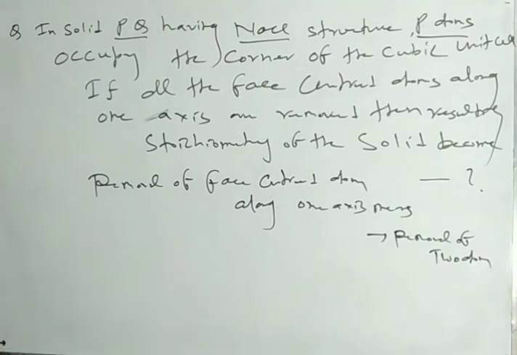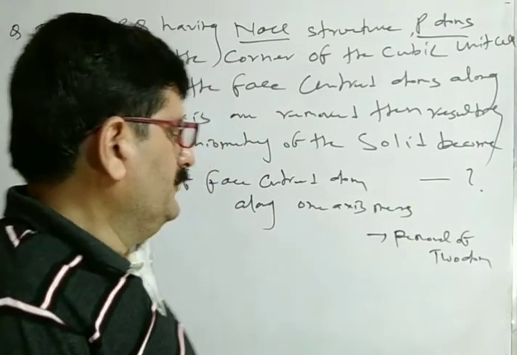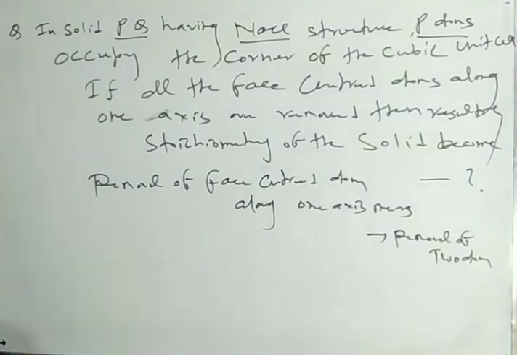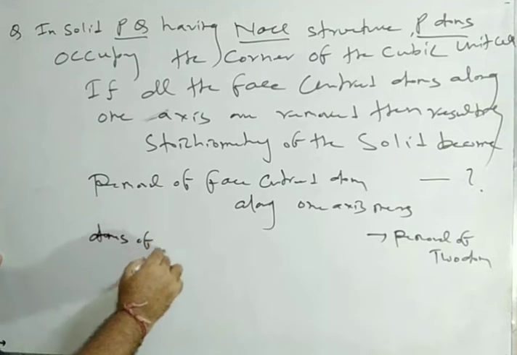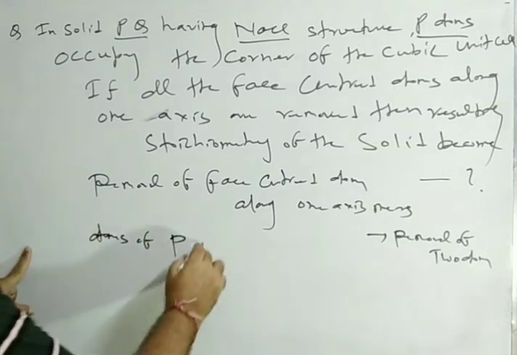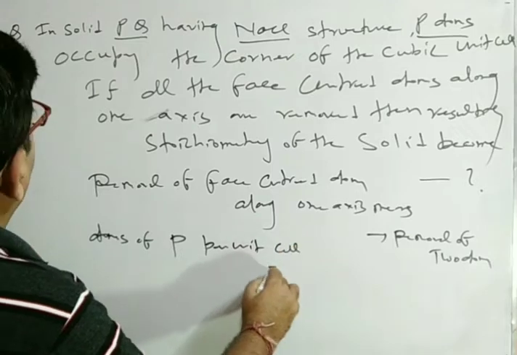One axis contained how many atoms? 2. So 2 atoms are removed. So atoms of P per unit cell is equal to what?